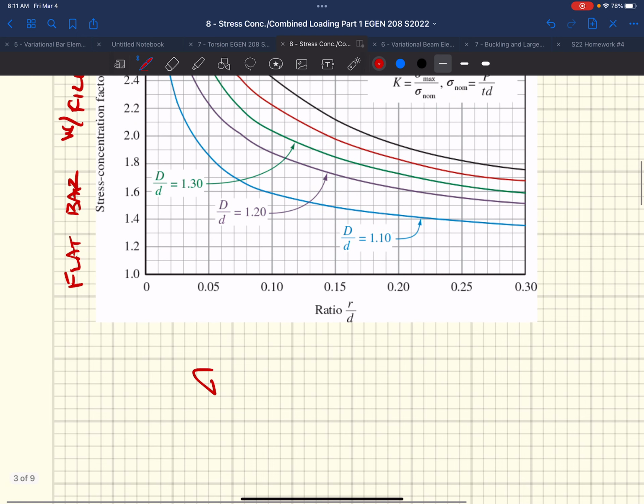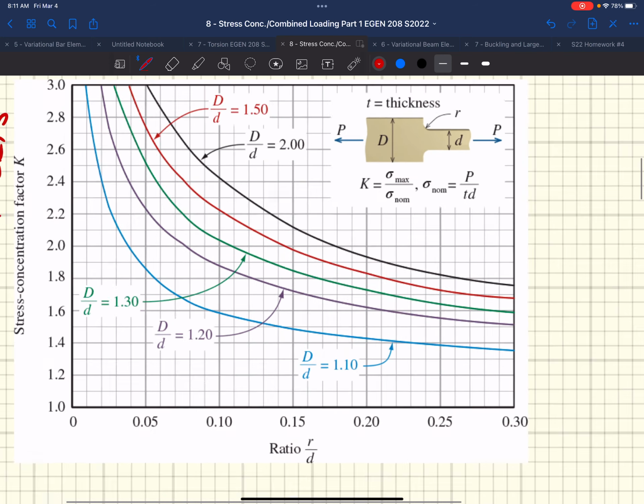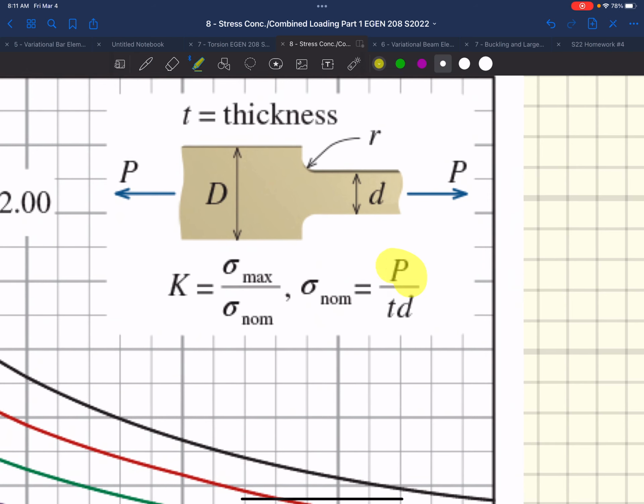Again, max stress, sigma max, equals K, our stress concentration, times our nominal stress calculated at the net section, right? Again, looking at this, we're calculating our nominal stress based on the smallest area of material, right?